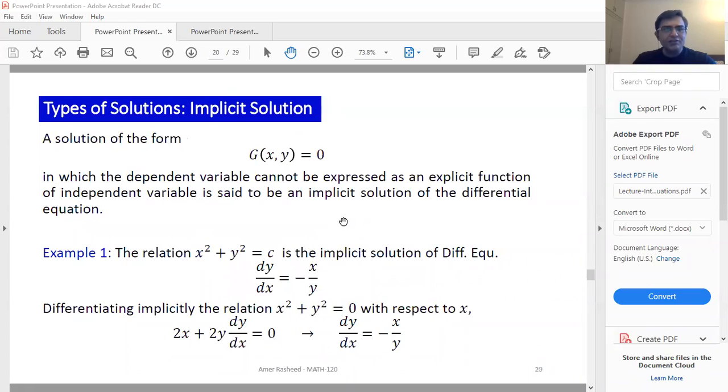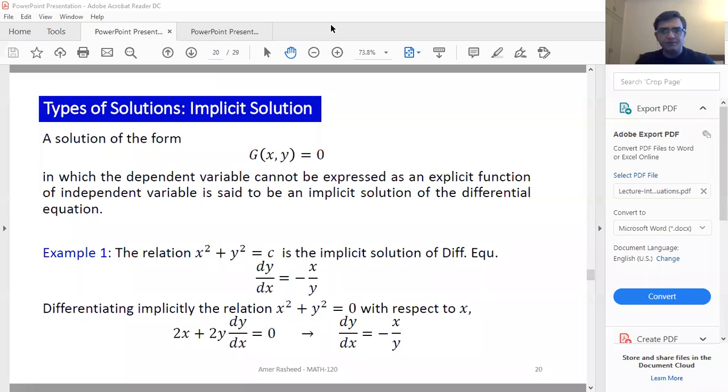Now, the implicit solution. Any solution of a differential equation which cannot be expressed in the form of an explicit function is called an implicit solution.